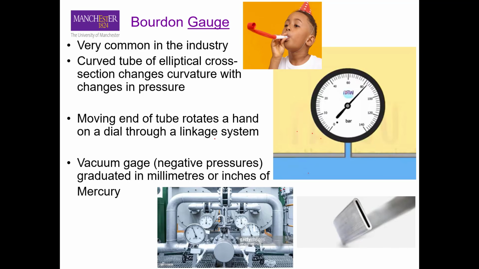Devices can be used for gauge pressures and also for vacuum pressures. The only thing is that you have to graduate them in millimeters or inches of mercury to show the negative pressure.